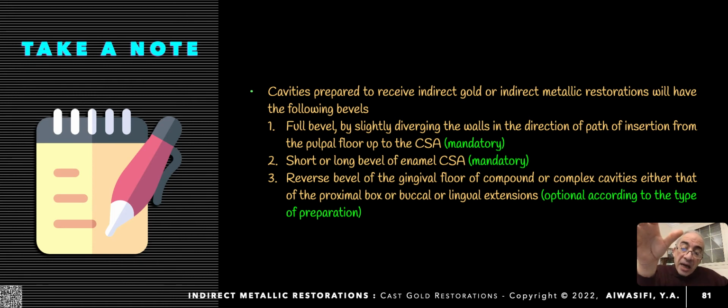And an optional one, according to the type of preparation at the gingival floor if it is a compound cavity, is called the reverse gingival bevel, that will provide both stability and retention for gold indirect metallic restoration, especially cast gold restoration.